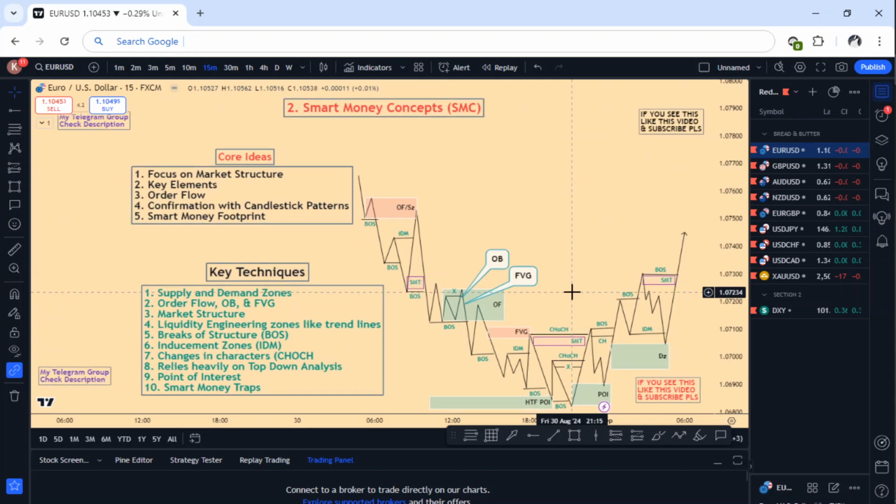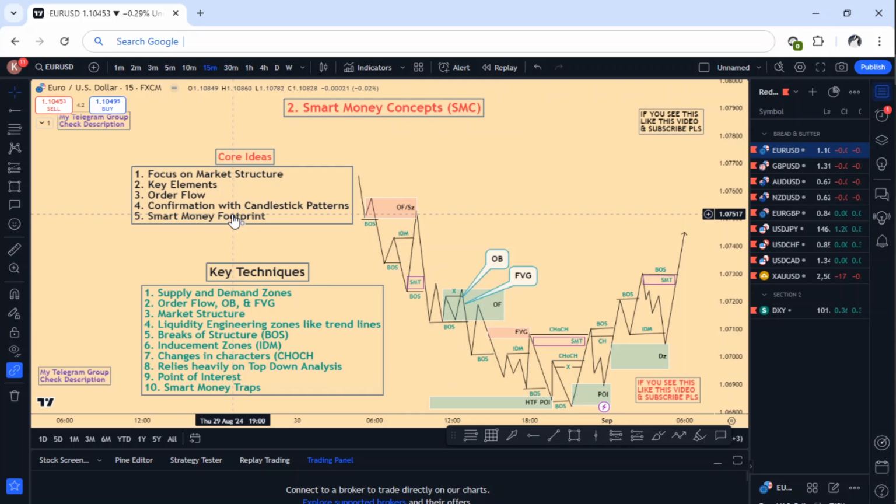So basically, smart money traders try to identify smart money footprints. SMC focuses on recognizing the footprints of smart money or the BFIs, banks and big financial institutions, through price action and market structure.